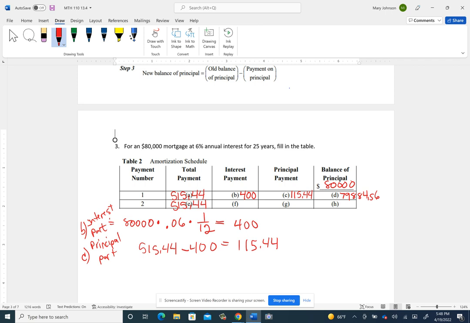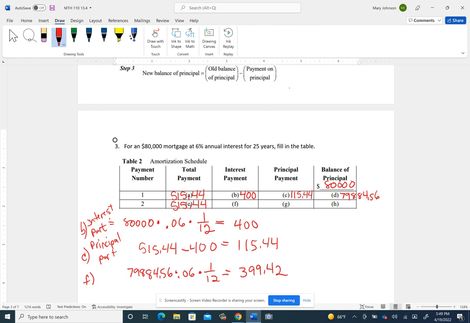Okay. All right, so now we're going to work on F. So to get F, we're going to wind up taking the amount left, the principal we owe, multiply by our interest rate, divide by 12, and that's going to give us the amount of our payment that goes to pay off the interest during the second month.